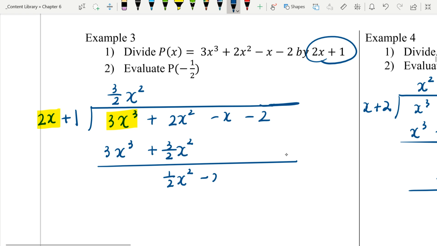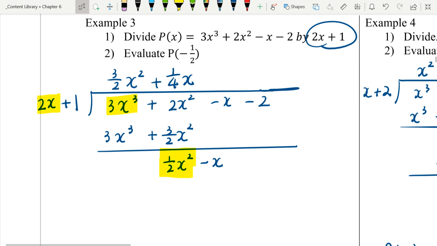Get the next one, which is minus x. What's half x squared divided by 2x? Quarter x. Okay, half divided by 2 is quarter, x squared divided by x is x. So it's quarter x.